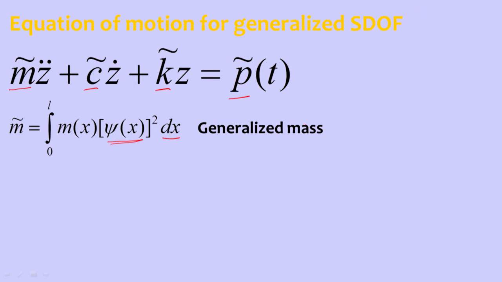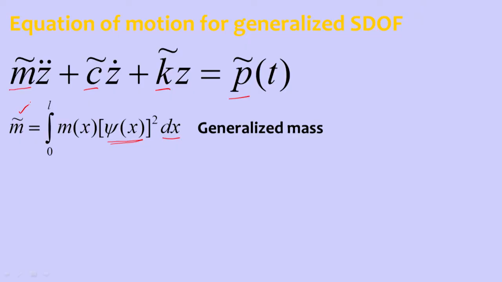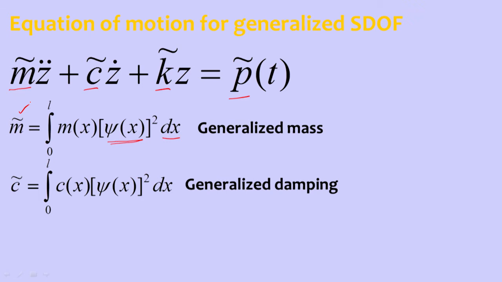Generalized mass means, if this continuous system has to be made equivalent to a single degree of freedom system, what will be its mass? That is m tilde. Similarly, we have the generalized damping value: the damping present at every location times psi of x square dx, this is generalized damping.